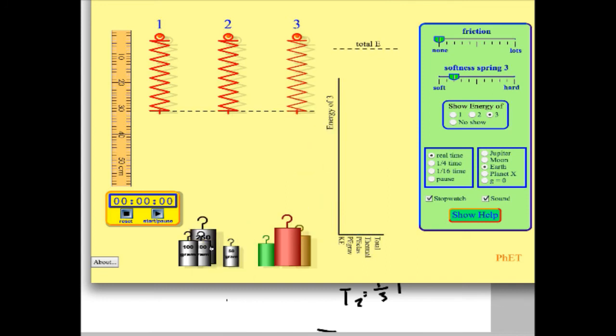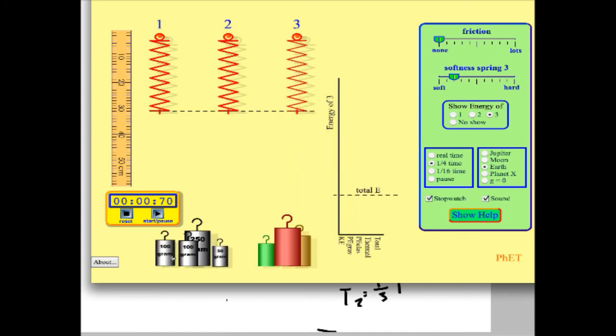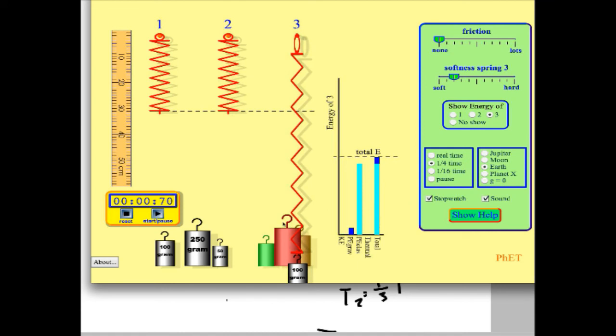So in the example that I just did, you had low mass, so let's get the period here. Let's say it is right there, and then right there, so 0.7. Now, I tripled the mass that was attached. So 50 times 3 would be 150. Why wouldn't you put a 150 mass on there?